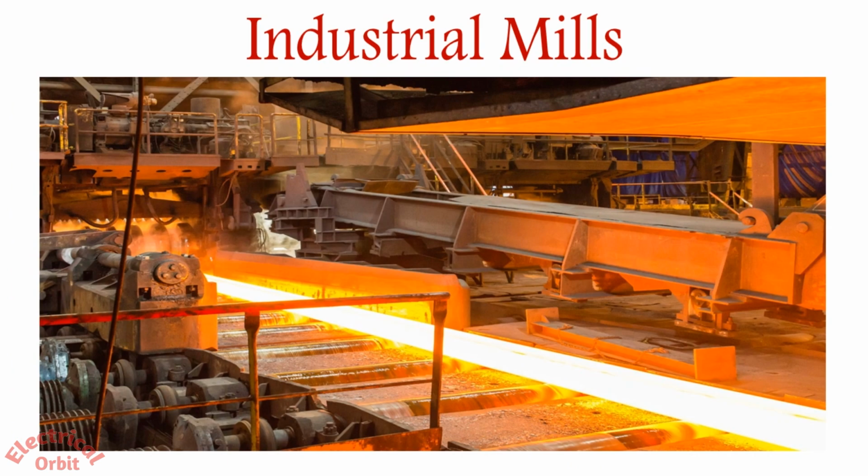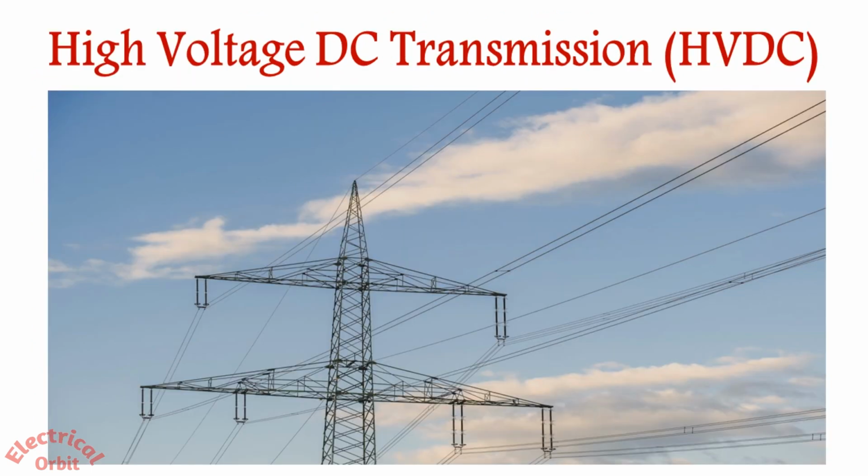Clear? Next is, many industrial mills like paper mills and rolling mills require DC electricity for their function. Next, many of us have heard about HVDC or high voltage DC transmission.